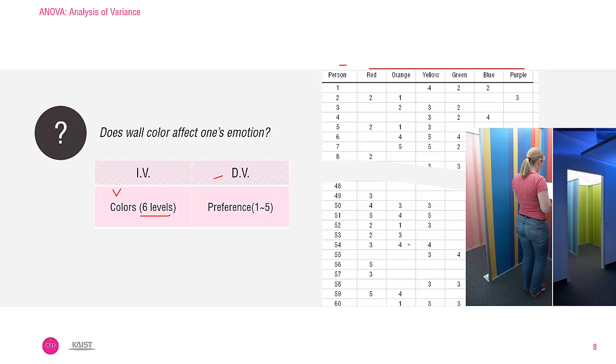And therefore, we must consider each group of 30 people, so 30 people for red, 30 people for orange, as completely different people. So we should conclude that each color was evaluated by different 30 people. Consequently, the between group one-way ANOVA test is a tool to examine the mean difference.